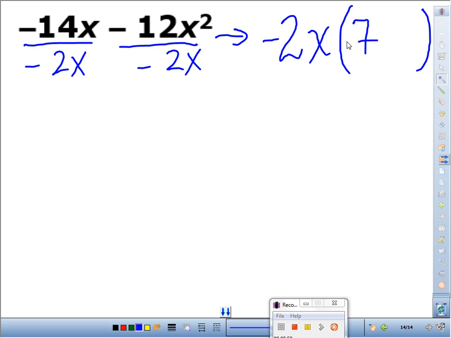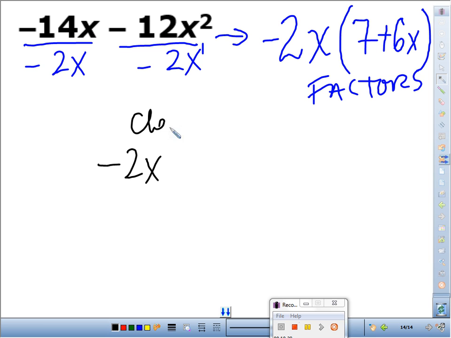Are we there? Okay. What is negative 12 divided by negative 2? Positive 6. And what is x squared divided by x? X to the first. And these are our factors. And to check, what do we do? We write negative 2x, we're going to check.